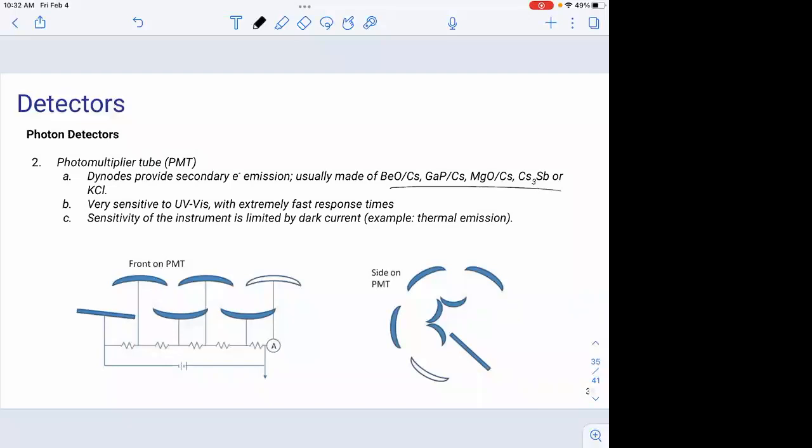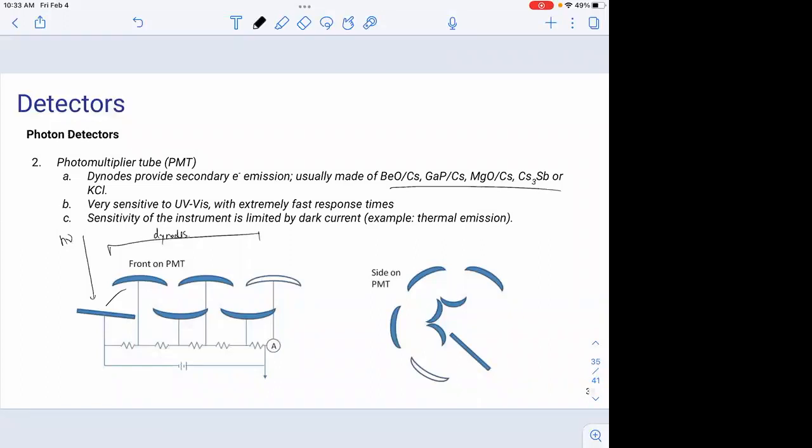So let me show you what I mean. Here are my dynodes, these blue shapes that look like lenses, but really they're just metal plates. I have incident radiation on my first photosensitive cathode. I'm holding all of these dynodes at an increasing voltage bias so that I have control over the direction that these electrons go. So I have my incoming radiation.